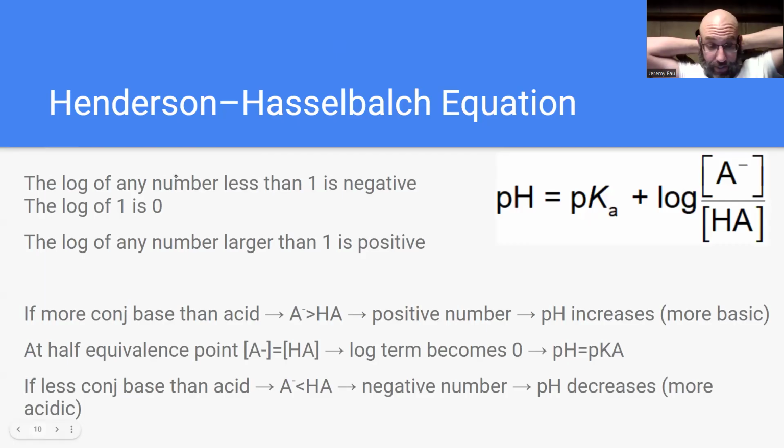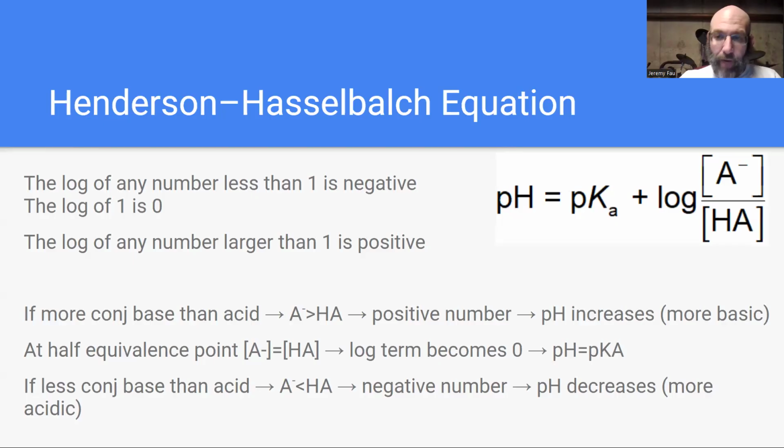When we look at titration graphs, we're going to get more into this, but just as a quick heads up, this is just some basic stuff with logs. The log of any number that is less than 1 is negative, the log of 1 is 0, and the log of any number that is larger than 1 is positive. So why does that matter? Just look at the ratio.